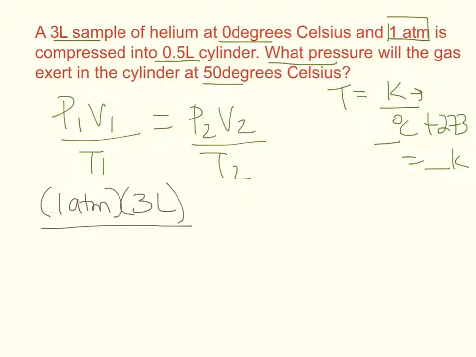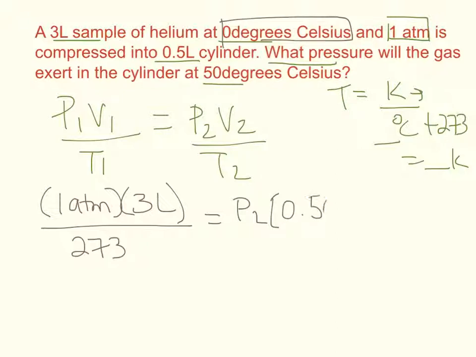So temperature 1 is 0 degrees Celsius, but again, we need to move that into Kelvin. So 0 plus 273 does give us 273 kelvins, and that will be equal to P2, because that's what we're finding out, what pressure the gas is exerted under. And we're going to multiply that by 0.5 liters because that's our second volume. And we have a second temperature of 50 degrees. So 50 plus 273 gives us 323.